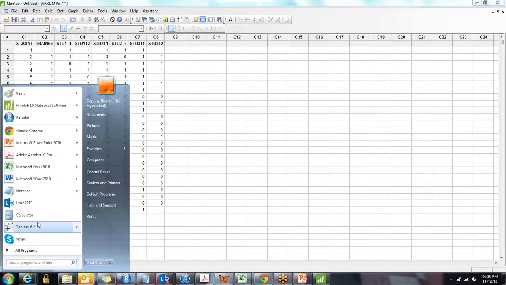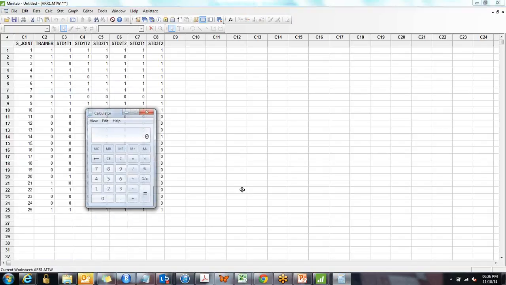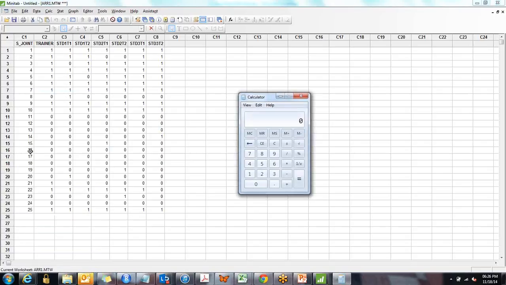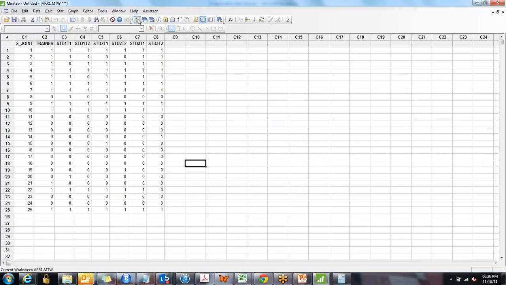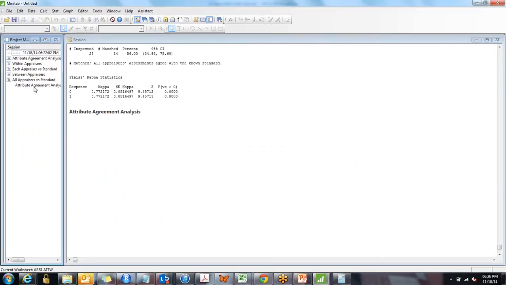So how many are matching if 4 are not matching? Out of 25, 4 are not matching, so 21. 21 by 25 multiplied by 100 is 84%. That is exactly what we have got.